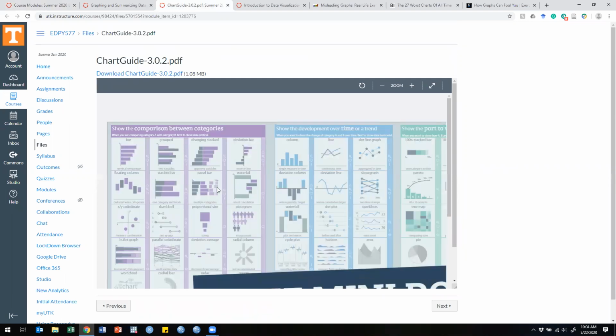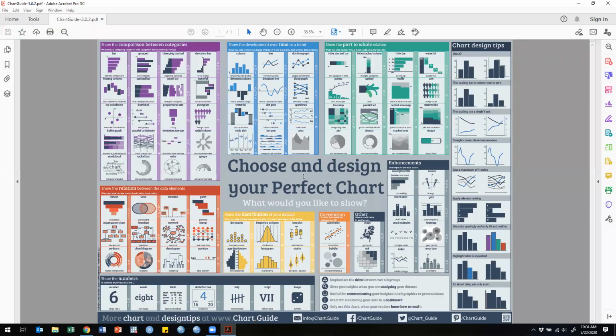Here we go. You can see what's good for showing comparisons between categories. It gives you lots of different information for showing things, and even tips and suggestions for things to avoid.